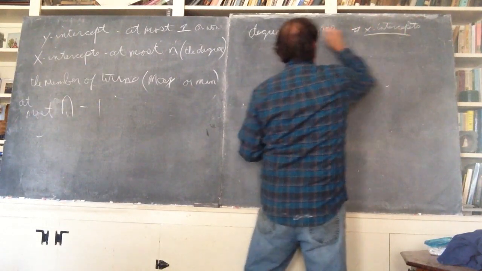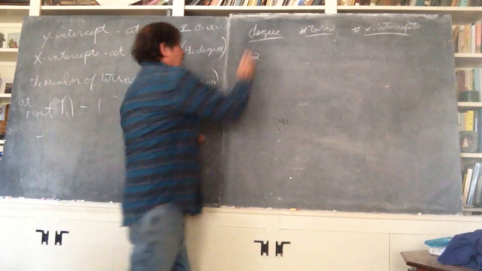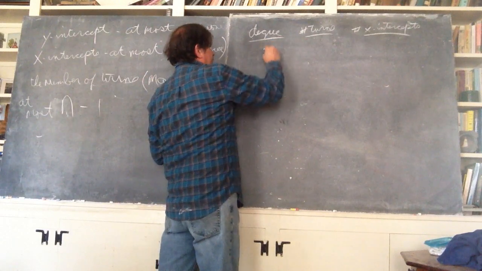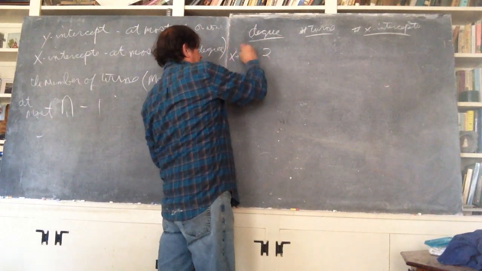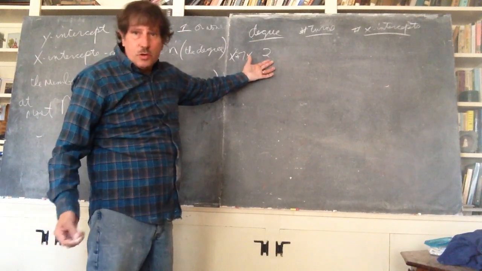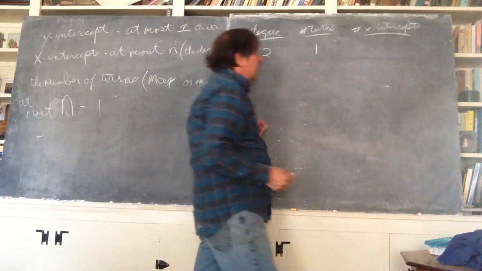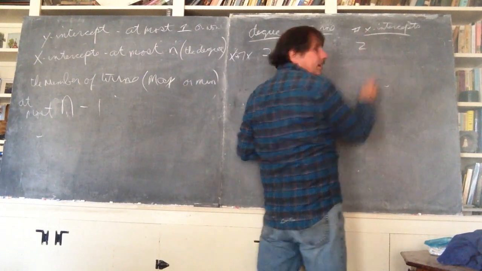I'm just making a chart here. If the degree is 2, I should put an example, like x squared plus 7x, whatever it is. If the degree is 2, there are at most 1 term of max or min and at most 2 x-intercepts.